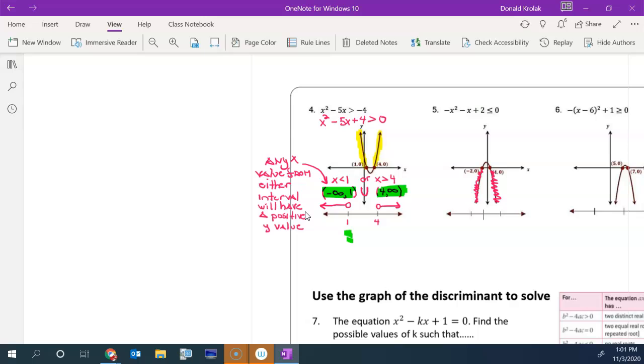All right, so outside the x-intercepts, outside, right?